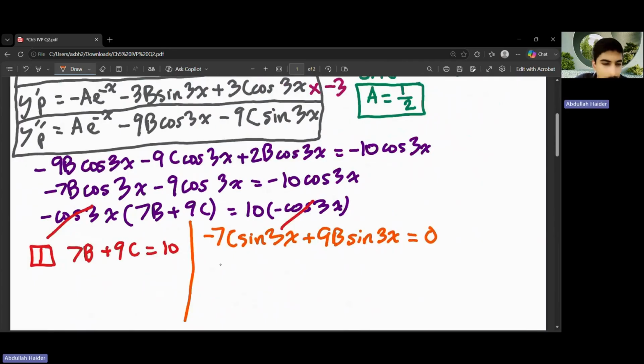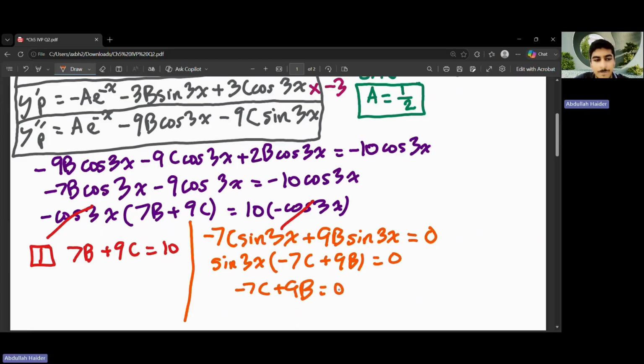So when you factor out sine 3x, you're left with minus 7c plus 9b is equal to 0. Divide both sides by sine 3x.